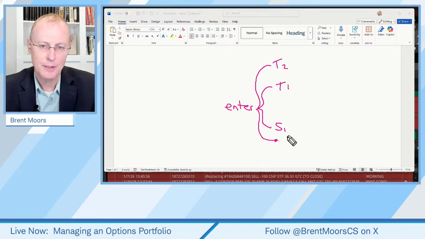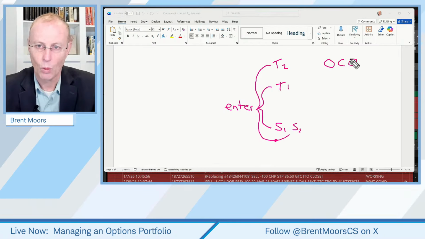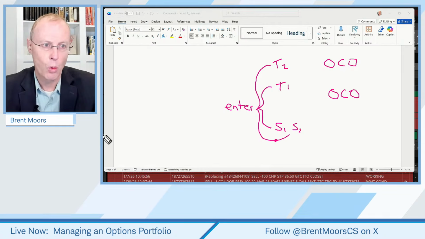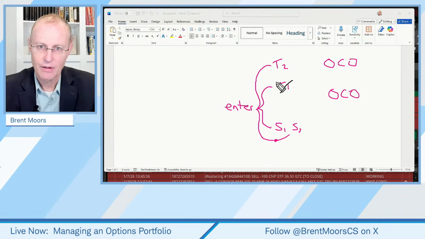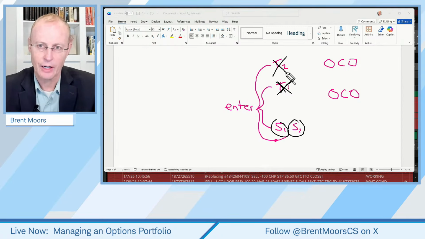We can put these stops at the same price, though, the same level. So I'm going to say stop 1 and stop 2 are the same level. So we have 2 OCOs, OCO 1 and OCO 2. Let's say the stop hits, it'll cancel out the target. If the stop hits, it's going to cancel out the other target.